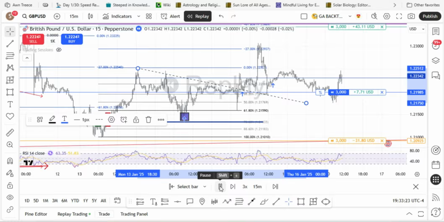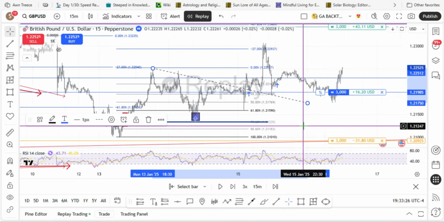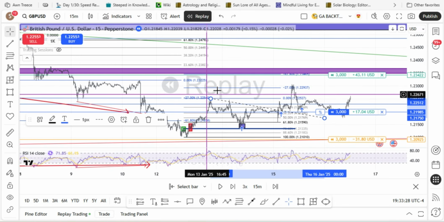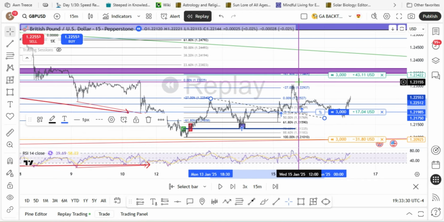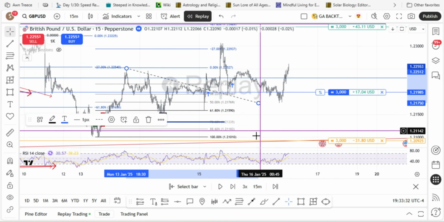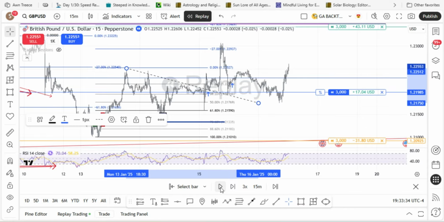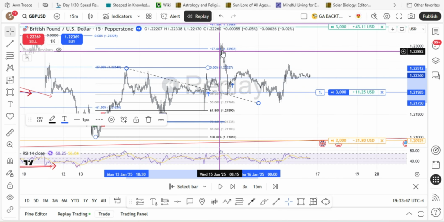Hold on, what's going on? Impulse, correction, continuation. Okay, no structure has been broken. Now, if this goes back up to TP1, hold on, let's see what this looks like.